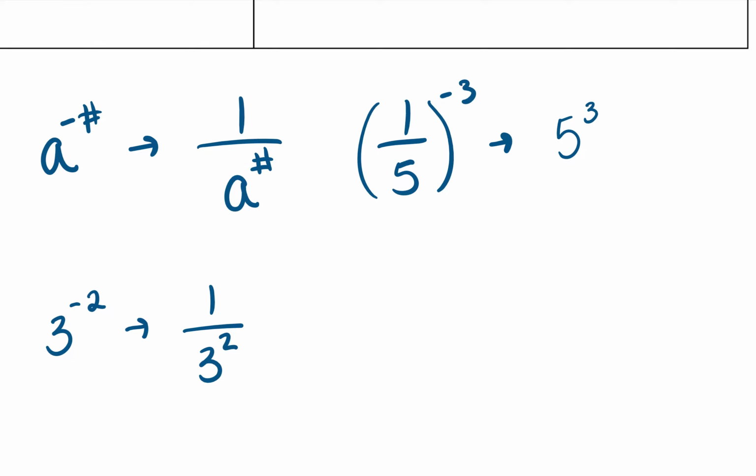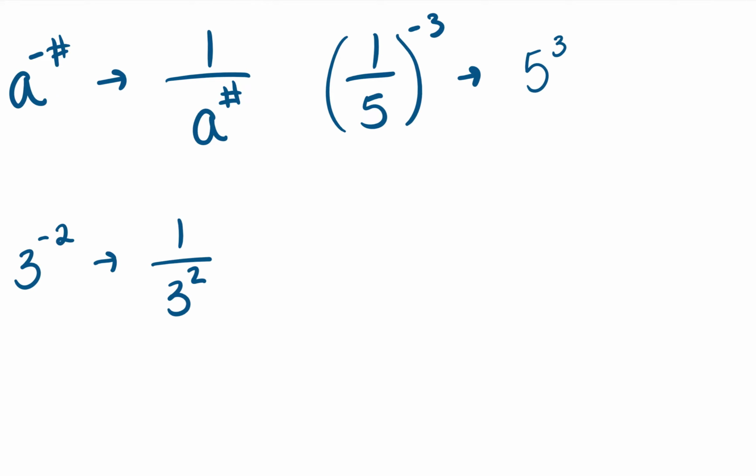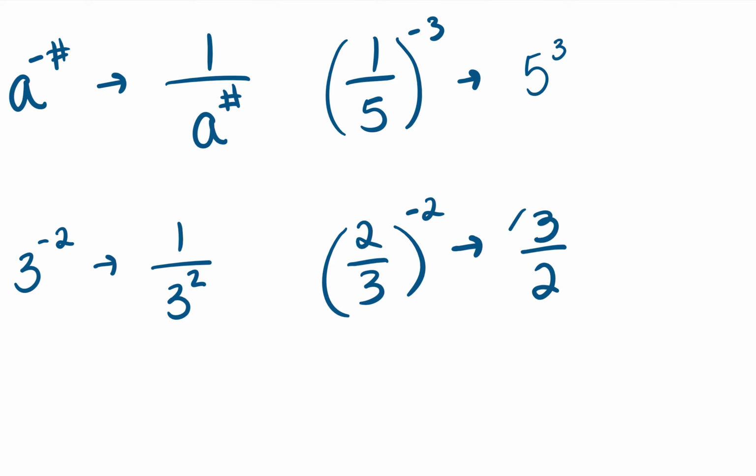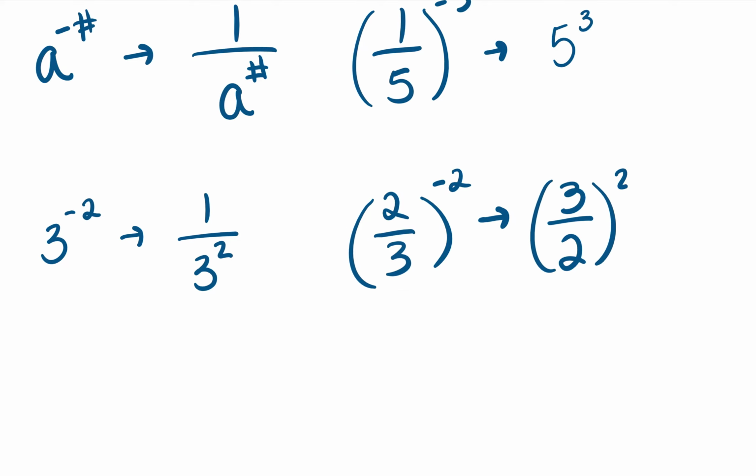So if it's a 1 on top, it's just a whole number when it flips, or if it's a whole number, it's just a 1 on top when it flips. But regular fractions might be a little easier. So if I had 2 thirds to the negative 2, I would flip it. It would be 3 over 2 squared.